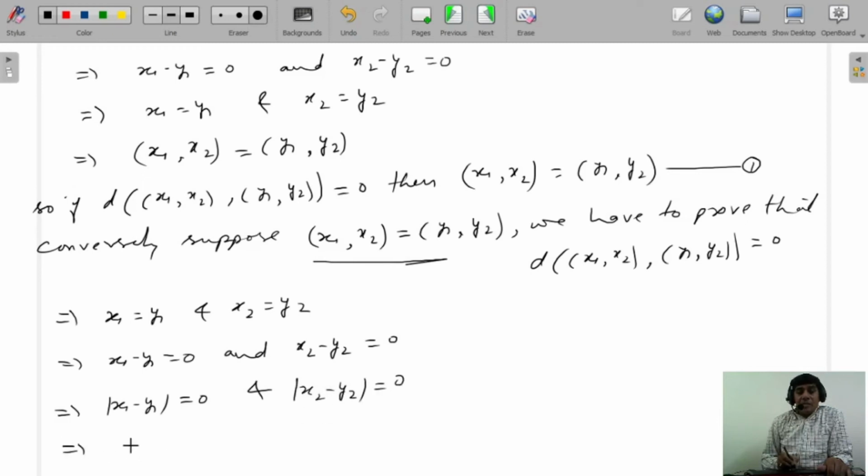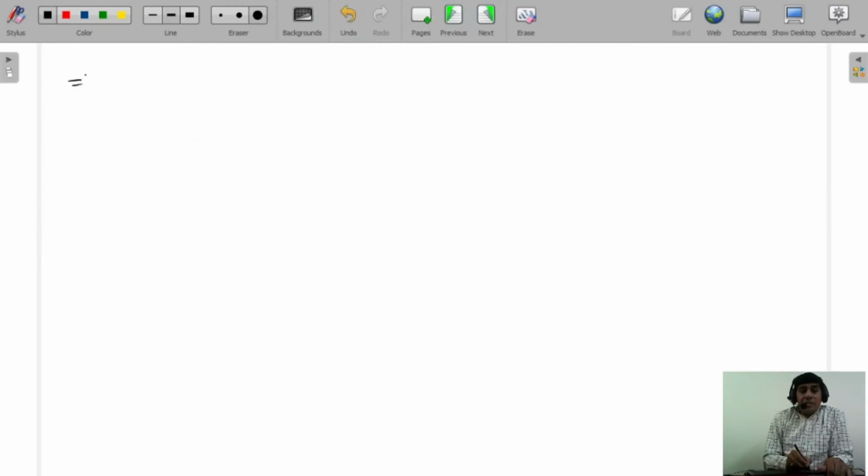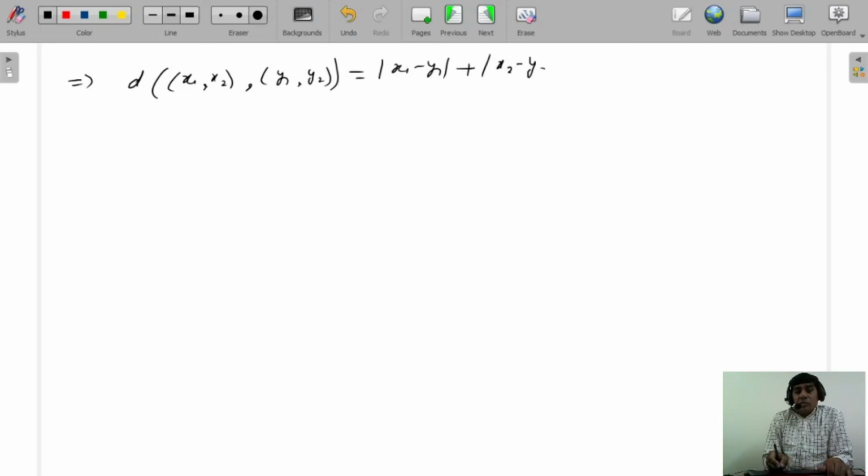This implies the sum is also equal to 0. This implies d((x1, x2), (y1, y2)) is equal to modulus of x1 minus y1 plus modulus of x2 minus y2, which is equal to 0.